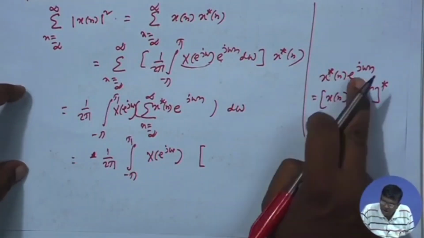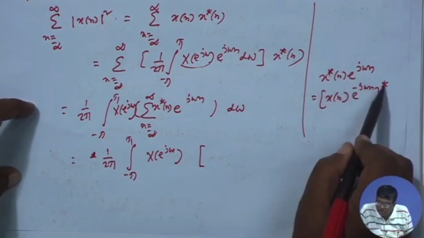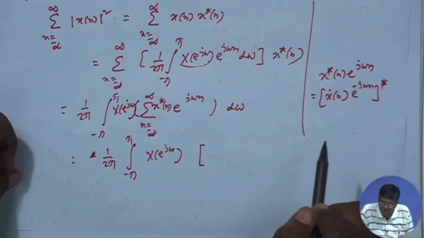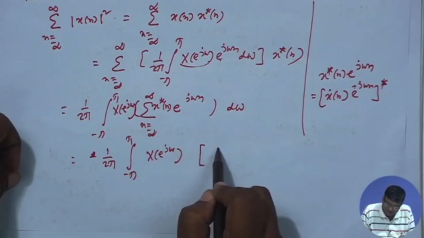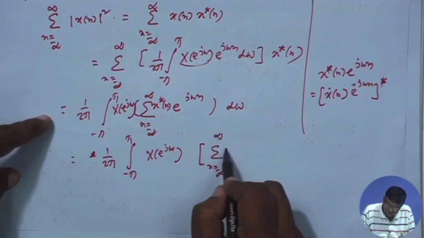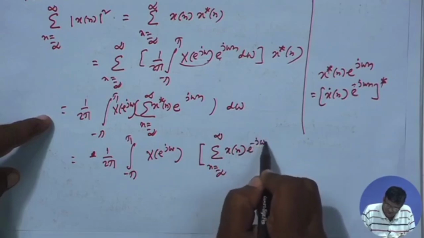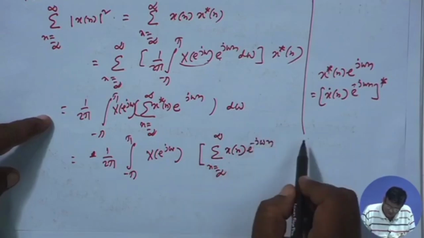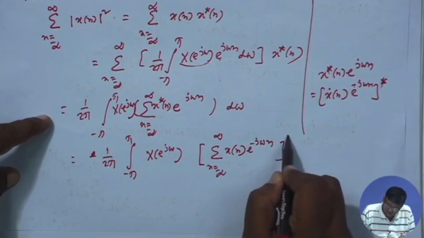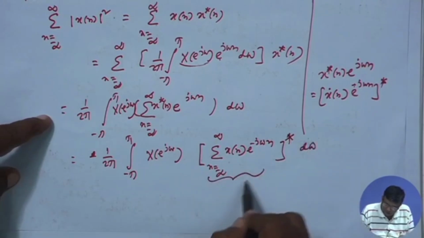So, x star n e to the power j omega n, and I can write like this, because star of this product means star here, x star n, and star here. So, minus will become plus. So, this summation, star d omega, but what is this summation?